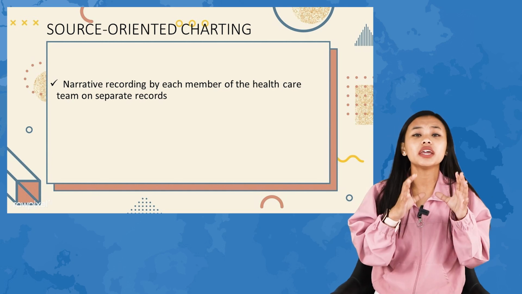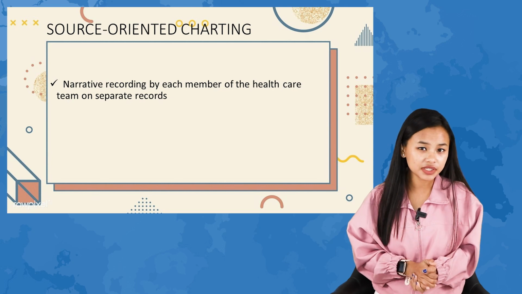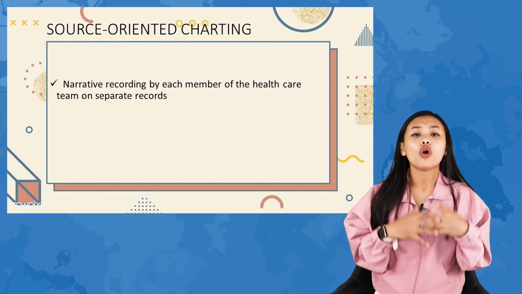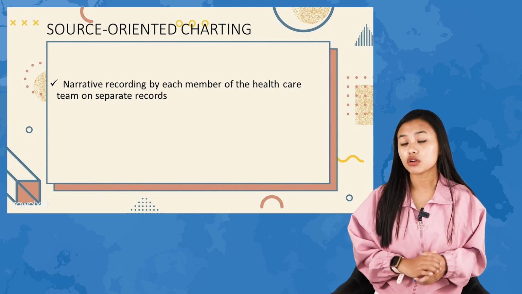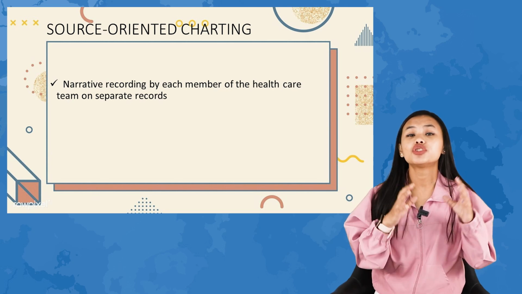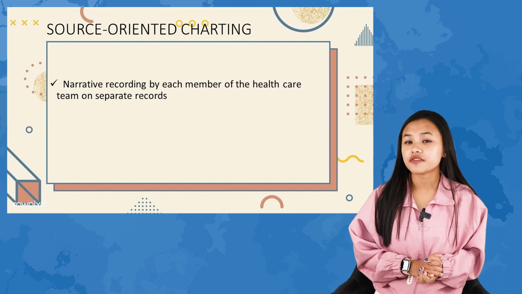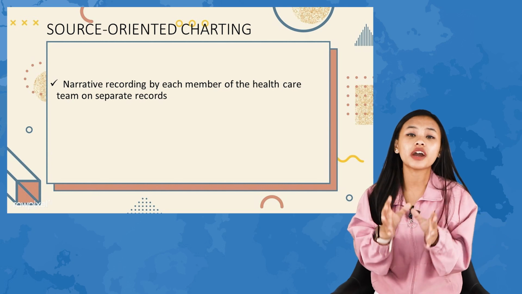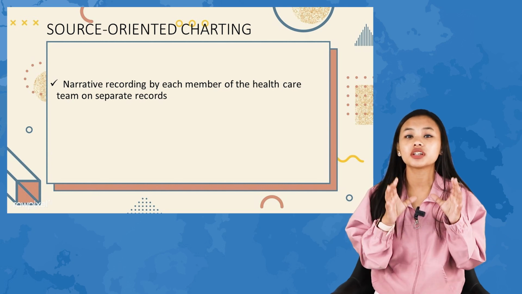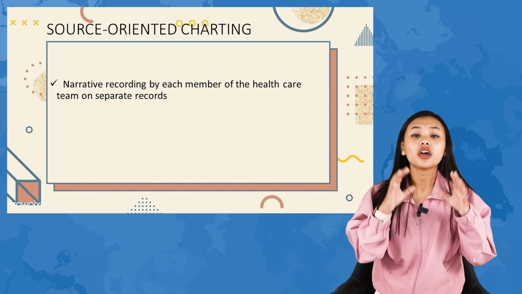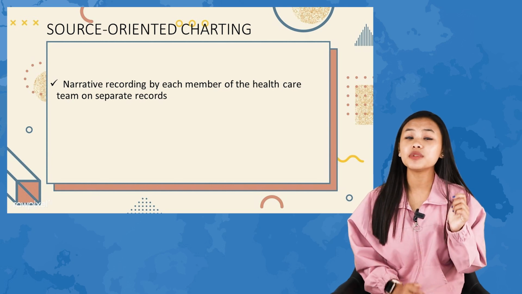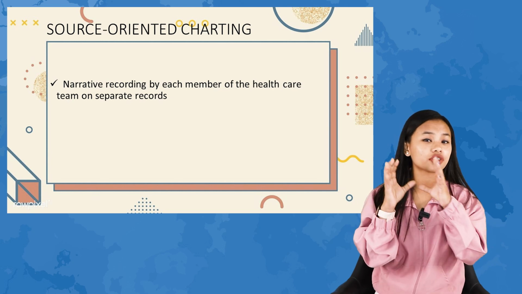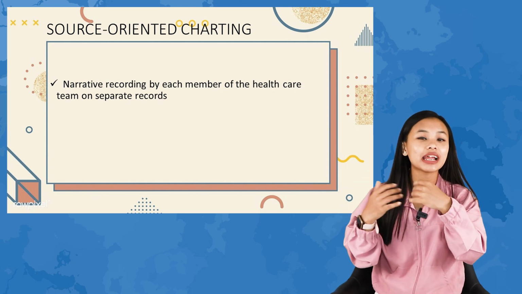In source-oriented charting, each and every member of the healthcare team will have their own separate records, so that they can record whatever intervention, treatment, suggestion or advice they are giving for that particular client. For example, the admission department has an admission sheet where they record whatever is needed for that particular client as soon as the client is admitted.